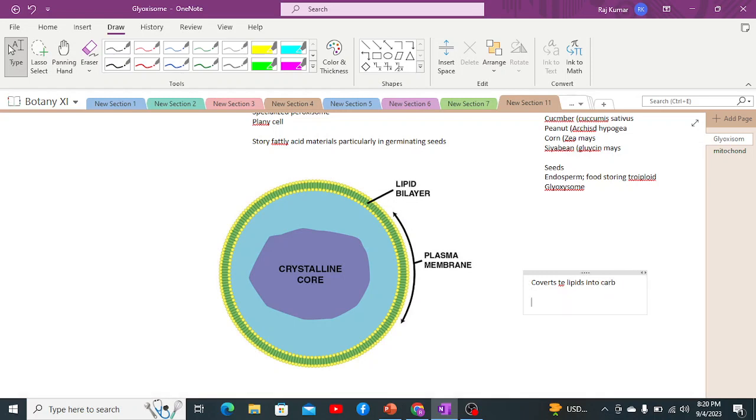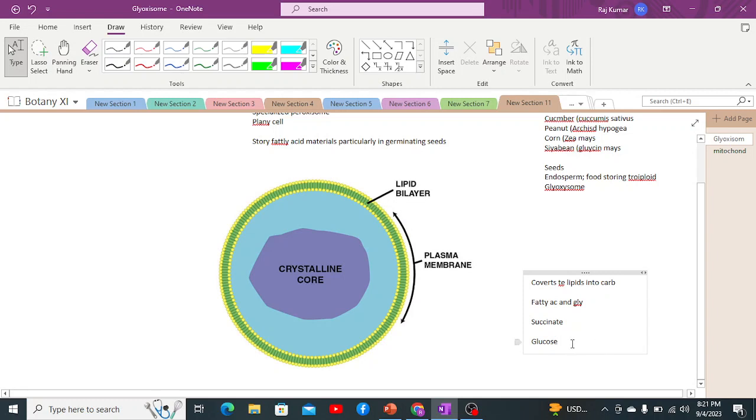First, lipids are converted into fatty acids and glycerol, after which fatty acids are further converted into a 4 carbon sugar, which is known as succinate, and then succinate is converted into the final product, which is glucose.